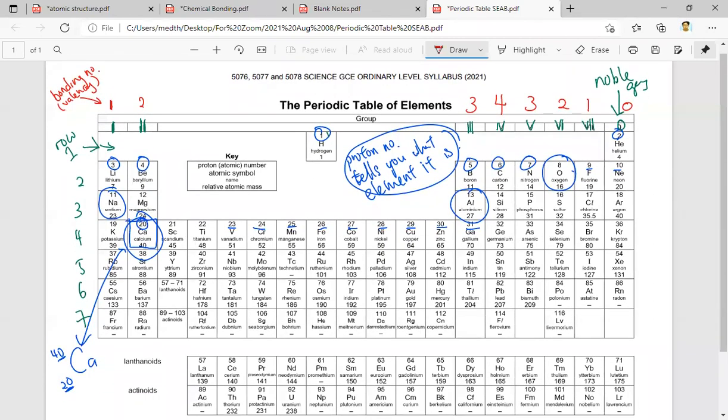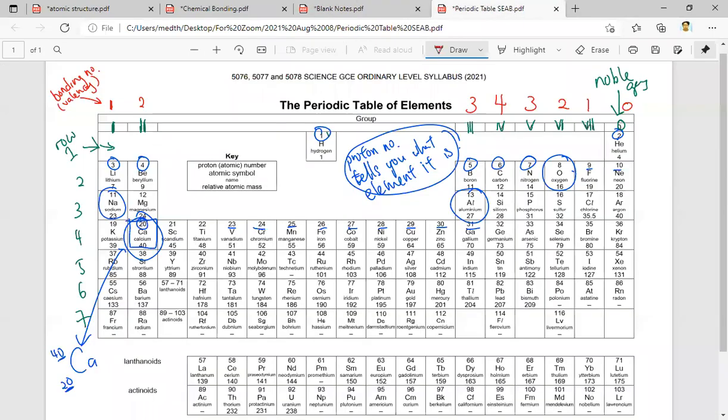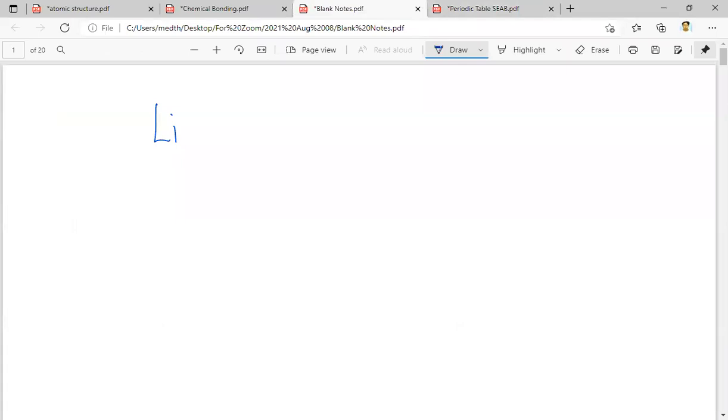So for lithium, Li, I'm going to show you how. Let's use the notes. For lithium, if you go and check, lithium is in group 1. The bonding number is 1. So how will the bonding number help me? If lithium is a metal, the bonding number, I put Bn, Bn is 1.